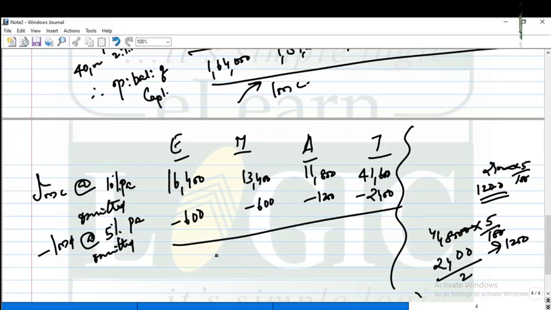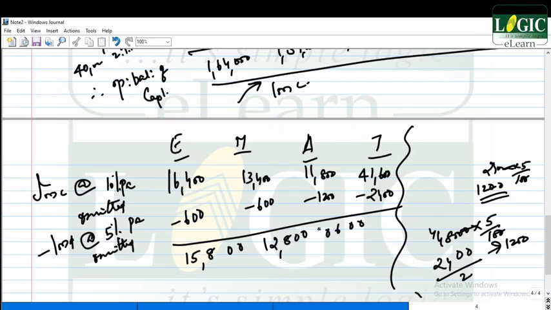So how much? 15,800 here, 12,800 here, 10,600 here, and 39,200 here.